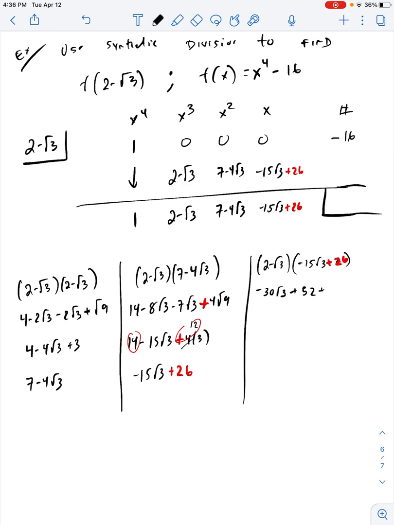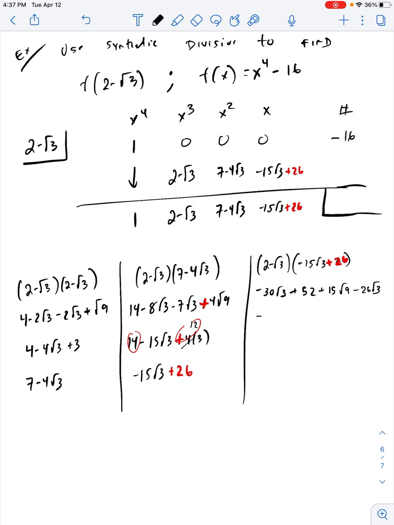All right, we have negative 30 square root of 3 plus 52 plus 15 square root of 3, or square root of 9, minus 26 square root of 3.